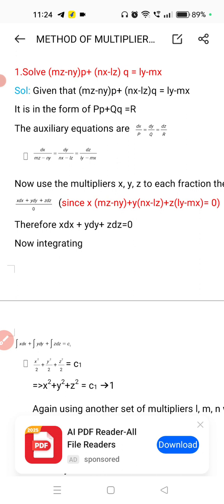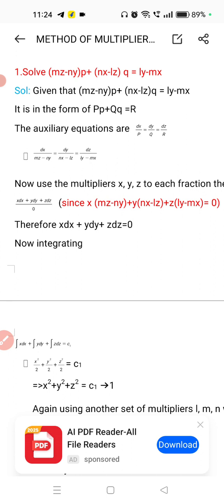So, you have to multiply the numerator and the denominator with the respective x, y, z, that is x dx + y dy + z dz in the numerator, and in the denominator, x(mz - ny) + y(nx - lz) + z(ly - mx) = 0.